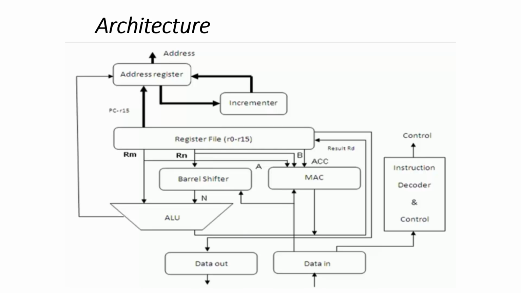Here we can see that there are two typical registers, that is Rm and Rn. These are the two source registers and there is one single destination register.